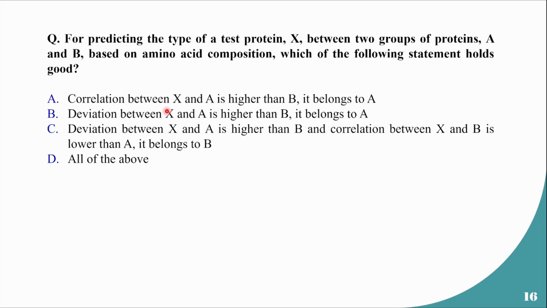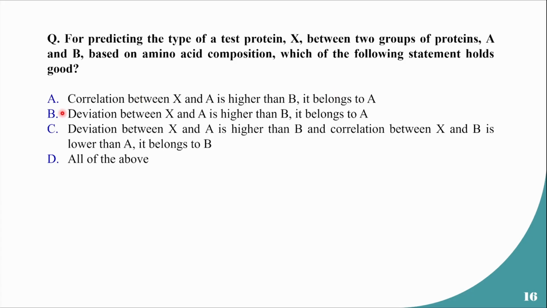So in option A, if the correlation between X and A is higher than X and B, then should the protein belong to group A? Basically, all of the options first tell us about an observation, and then make a statement. You have to look at the observation and tell whether that statement correctly represents it or not.